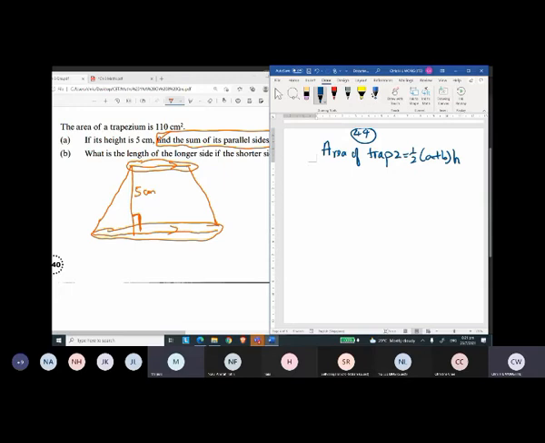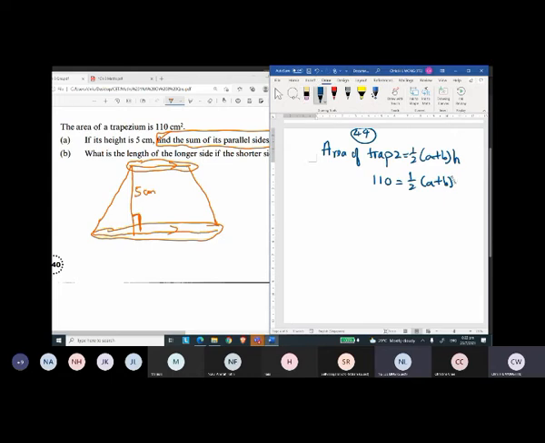110 equals half A plus B times the height. You're supposed to find A plus B, isn't it? Is the height given or not? Yes, the height is 5.